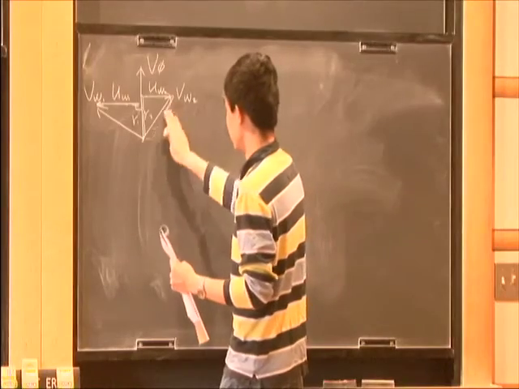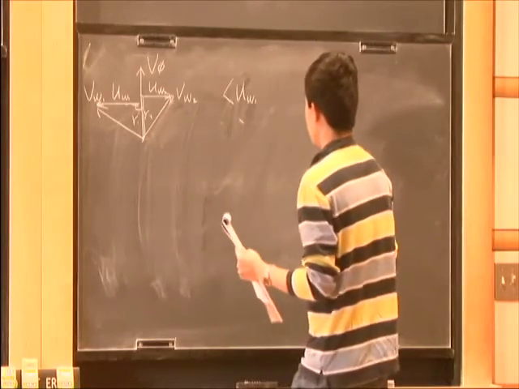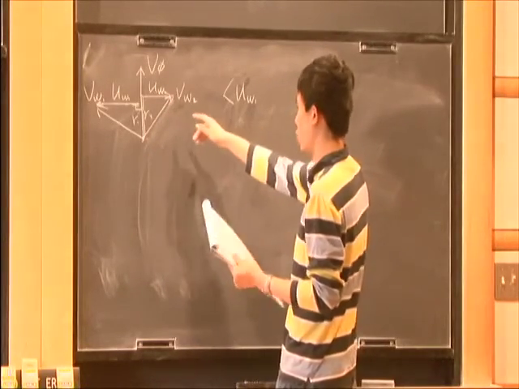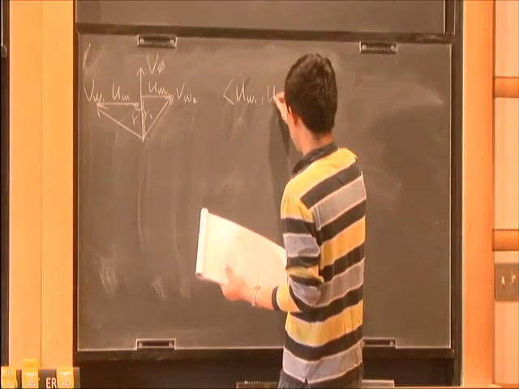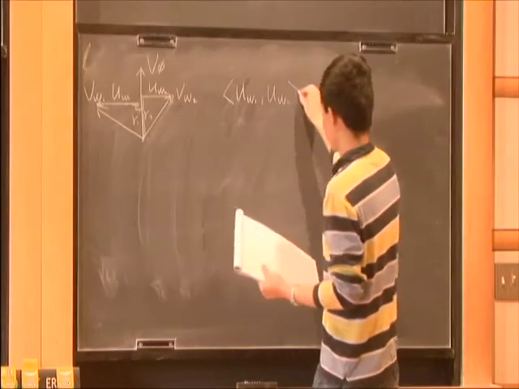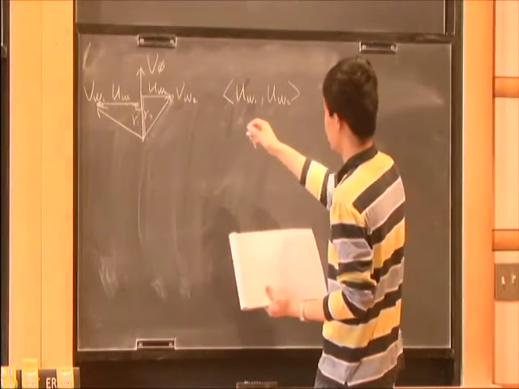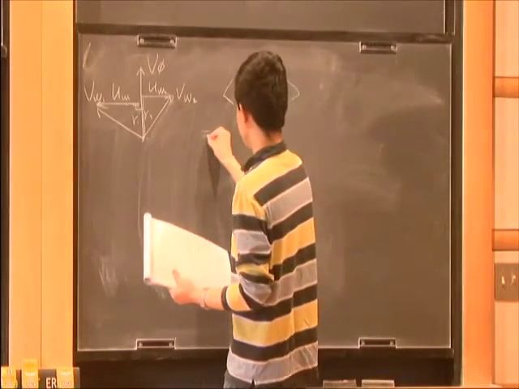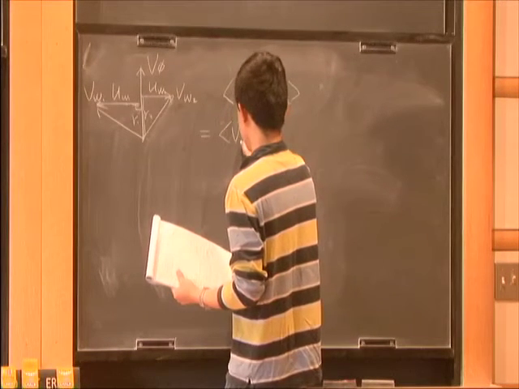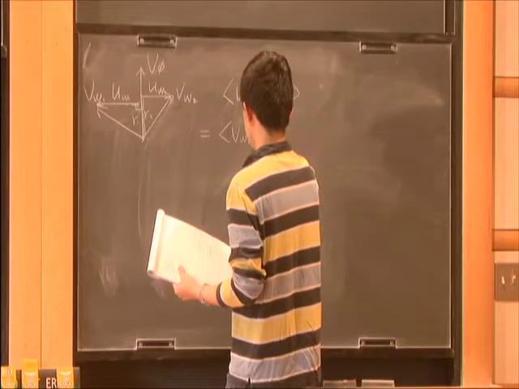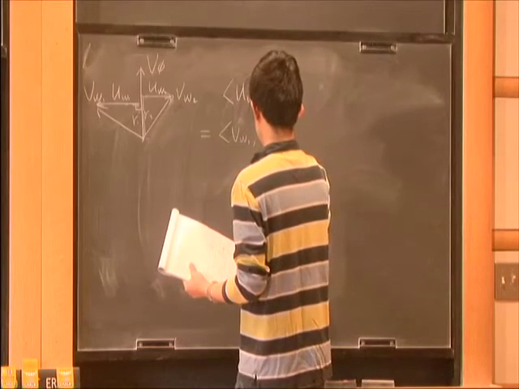But that's not important for us now. Now we are going to see the inner product between these two vectors, UW1 and UW2. Well, this inner product is equal to the inner product of VW1 and VW2.